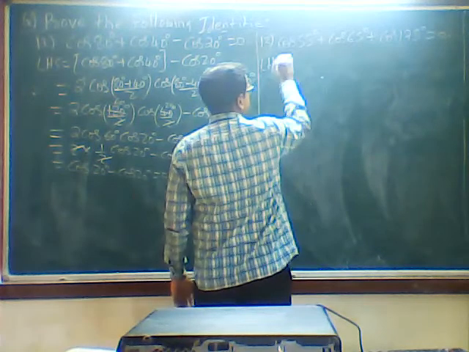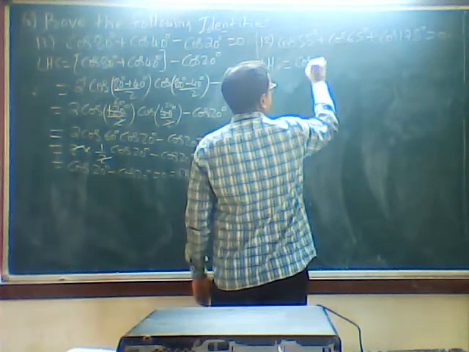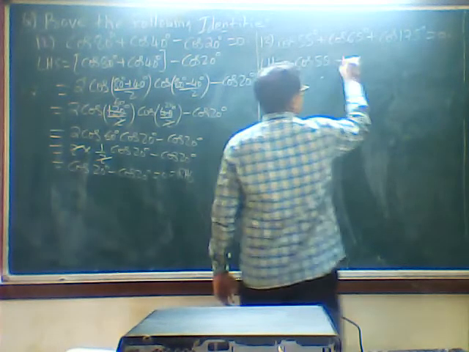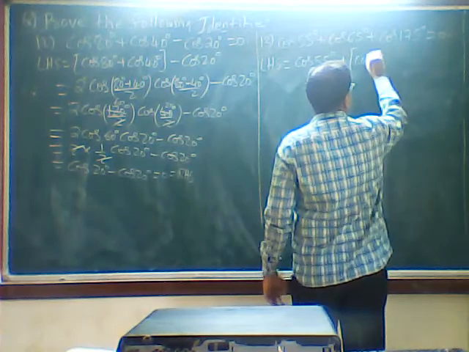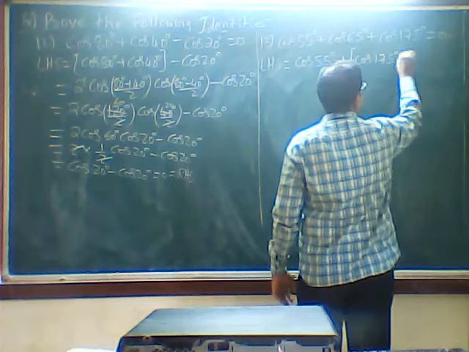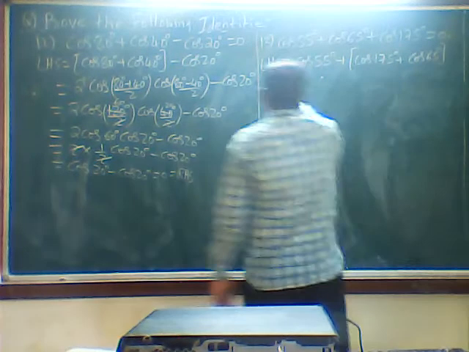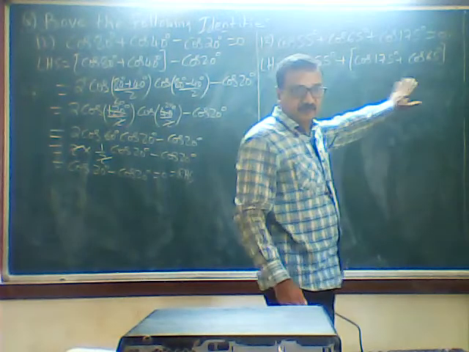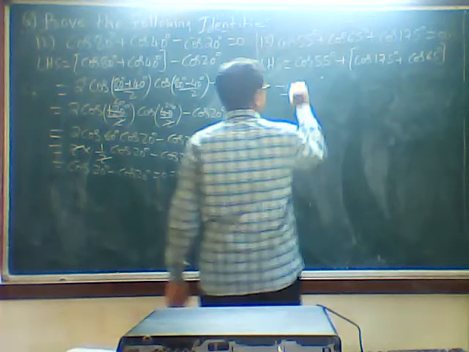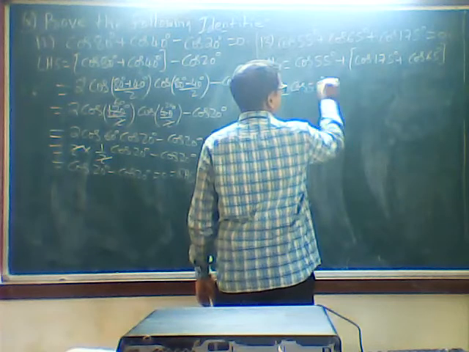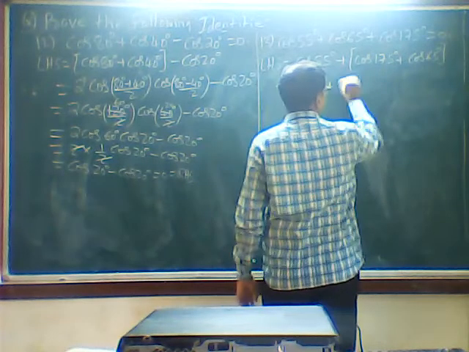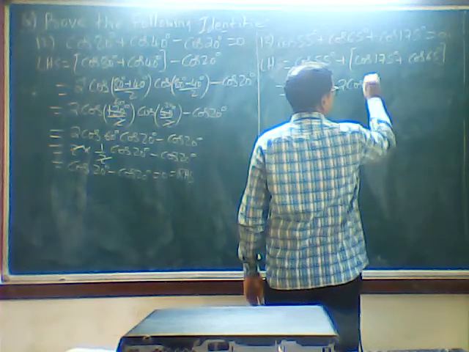I'll write the LHS again: cos 55 degree plus, in the box, cos 175 degree plus cos 65 degree. Okay. Now this is my cos C plus cos D formula. 2 times, both will be cos only.